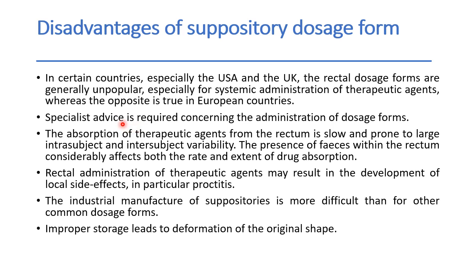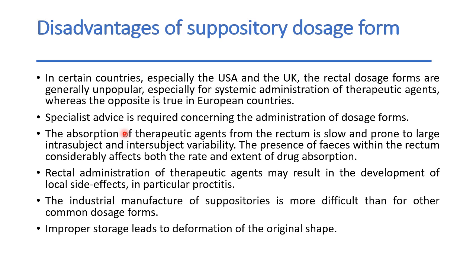Number two, the use of suppository dosage form requires specialist advice from the pharmacist on how to use it. Some people don't know how to use it. Some of them take it orally if they didn't get enough advice, and some of them don't know how far they should insert the suppository into the body orifice. All of these require pharmacist advice to the patient.